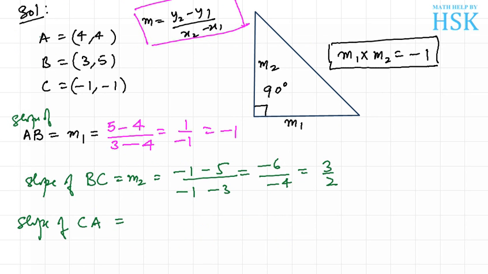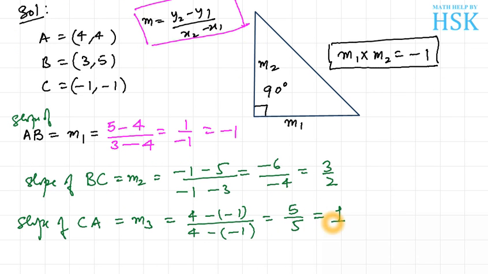Similarly, the slope of CA. Let this be equal to M3, and this will be equal to, again, the difference of ordinate, that is 4 minus -1, upon 4 minus -1, that is the difference of abscissa. So this will be equal to 5 upon 5, and this will be equal to 1.